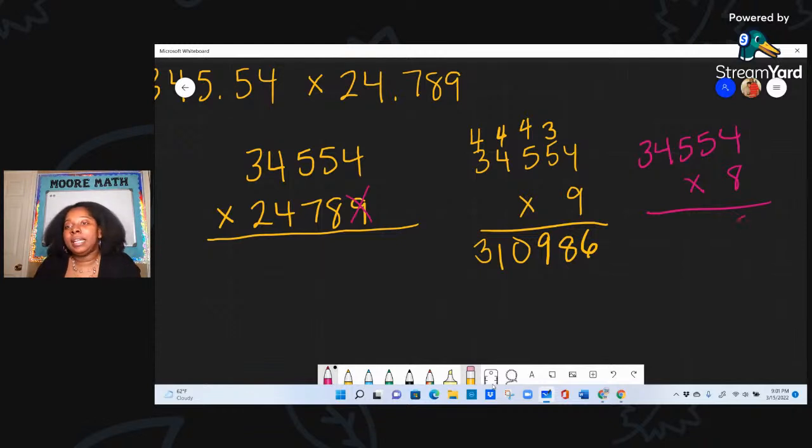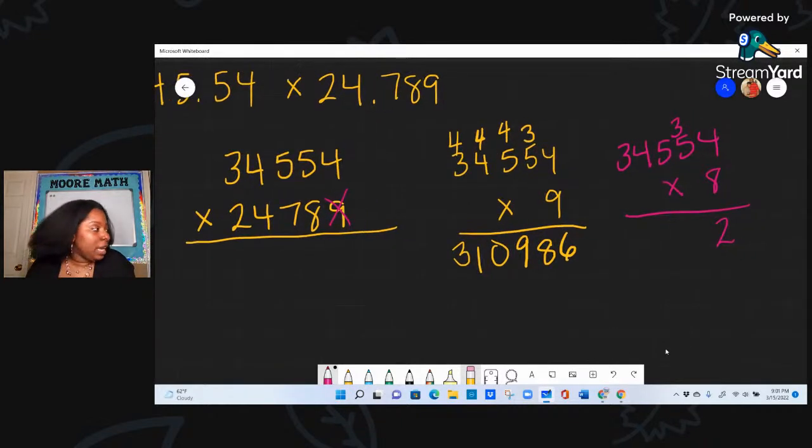4 times 8 is 32. 5 times 8 is 40, plus 3 is 43. 5 times 8 is 40, plus 4, and 40 plus 4 is 44. Okay, again, with this, you're just multiplying how you normally would multiply.